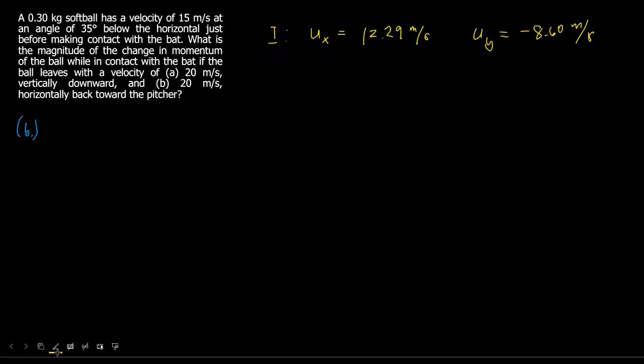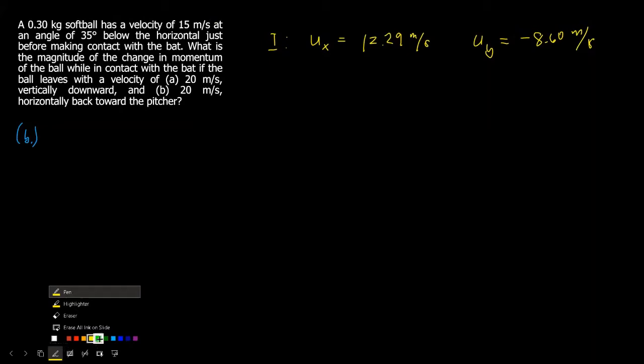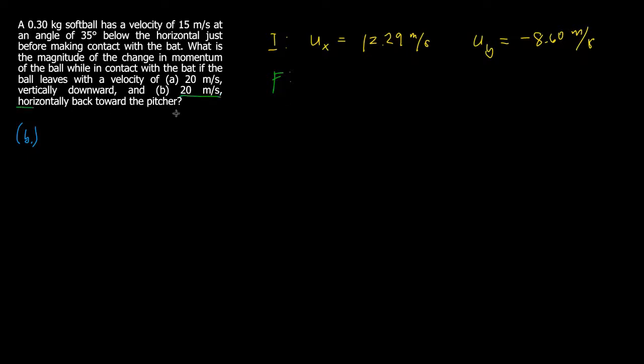Ngayon, let's find the final condition for letter B. Ang sabi dito is 20 meters per second horizontally back towards the pitcher. So, ganyan yung ano niya, ito yung ball, then going horizontally back towards the pitcher at 20 meters per second. So, does it have a v sub x? Well, since pa-horizontal siya, that is pa-left siya, diba?